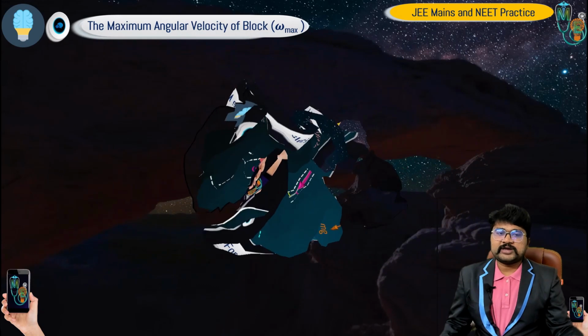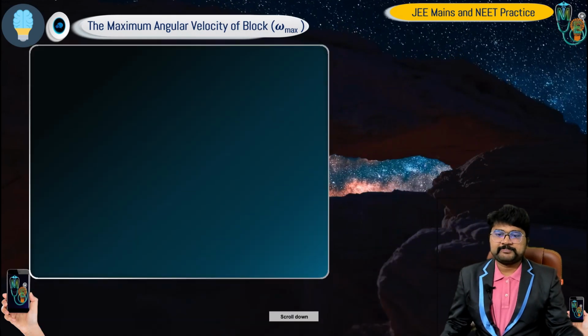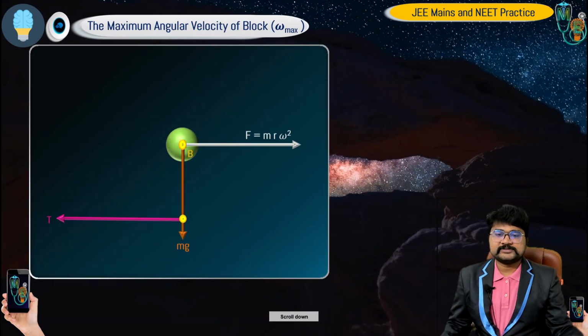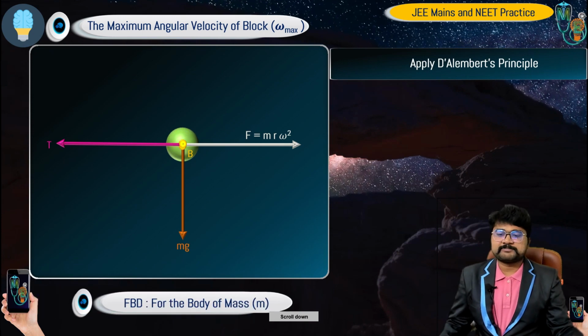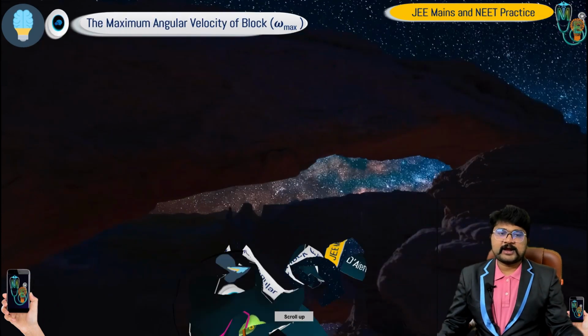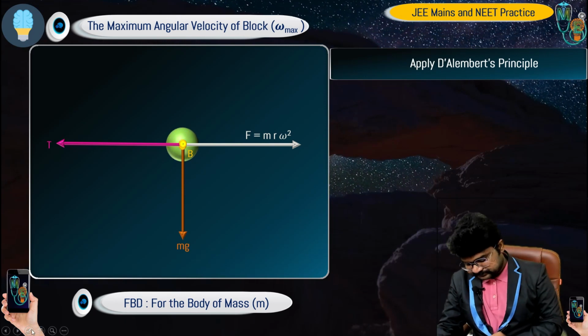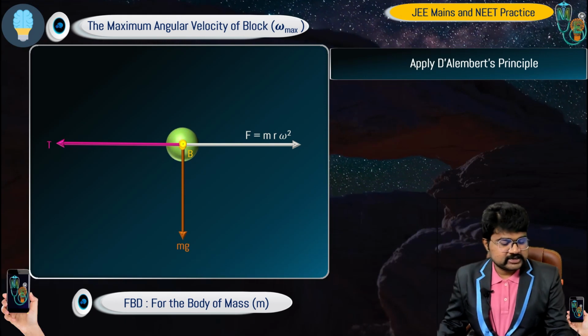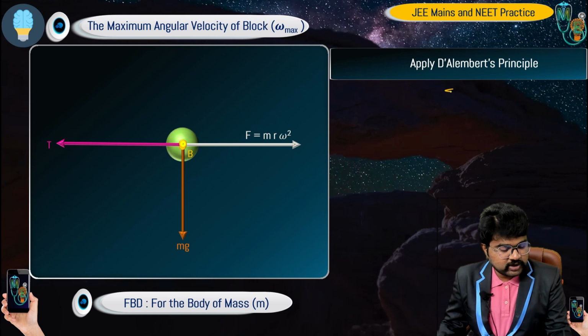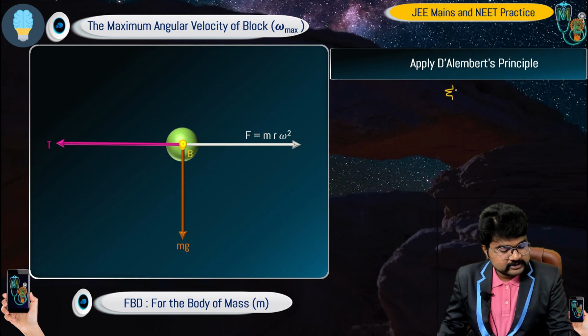So now we can try to solve this problem. Draw the free body diagram. We already did this part in the theory, the maximum angular velocity condition. Here you can take sigma H equal to 0.